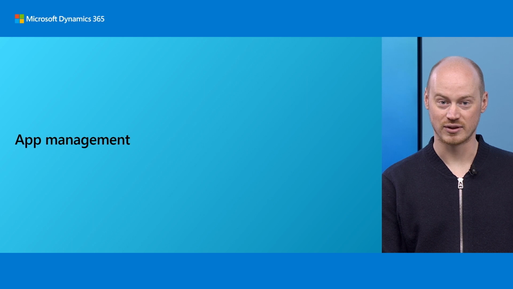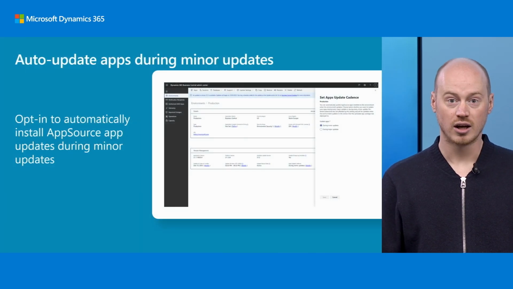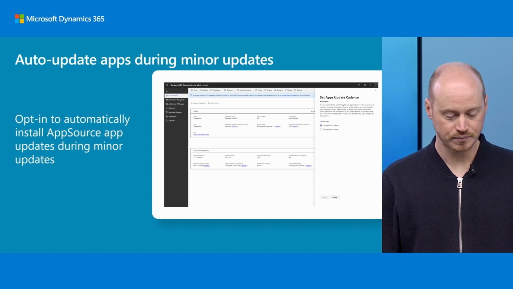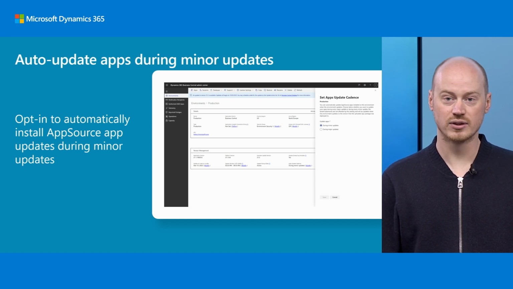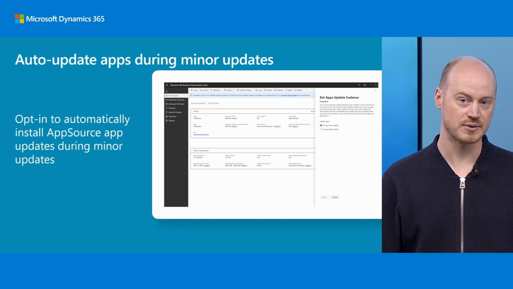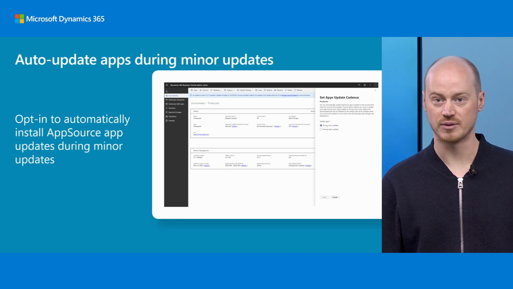We'll move on with some features we're introducing to improve the way administrators can manage apps installed on environments. Firstly, we'll introduce an option to auto-update apps during minor updates. Until this major wave, we would only auto-update AppSource apps that were installed on the environments during a major update.